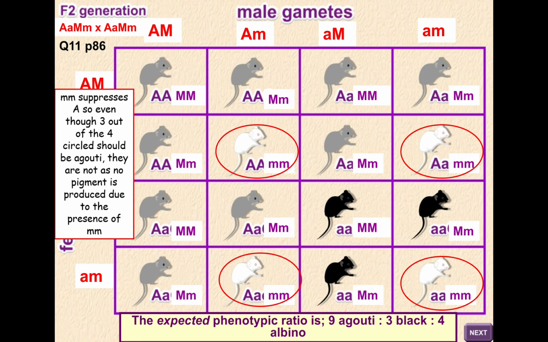So this is the last part of this topic, genes and inheritance. Today we just looked at epistasis. We can see that there are different genotypes present in mice, and this is the result of the genotypes of 2 different genes. There is the A gene, which determines whether or not it will be grey or black, and then there's the M gene, which determines whether or not a pigment will be synthesized.